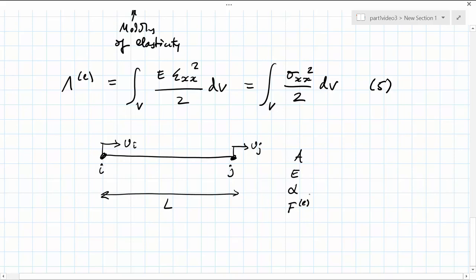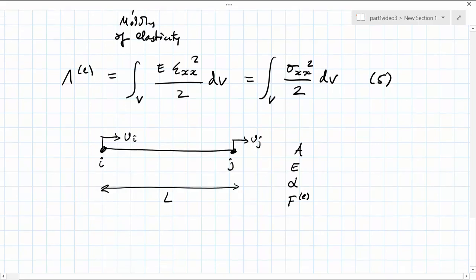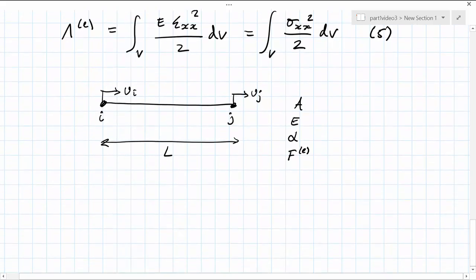These are different to the applied forces. This element has two nodes and 1 degree of freedom per node, denoted by U. Because it only has a single degree of freedom per node, we refer to this as a one-dimensional element.